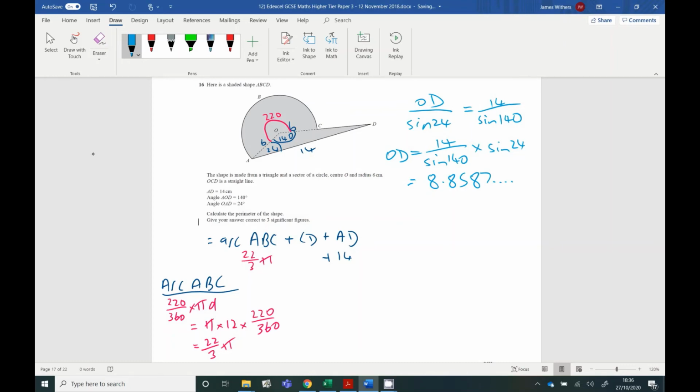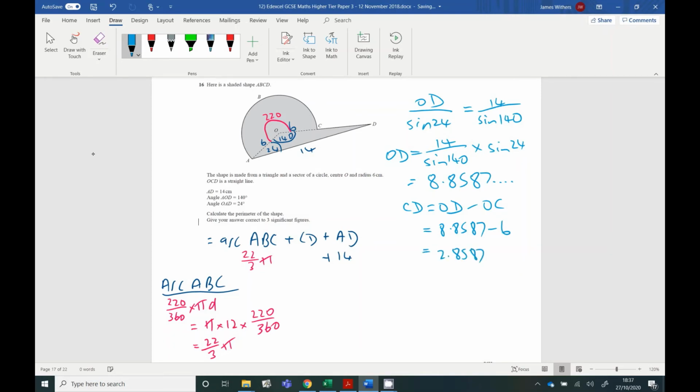But for the purposes of the perimeter of this shape, we want the length from C to D. Now C to D is O to D, take away the length from O to C, which is 6. So that's 8.8587 take away 6, which is obviously 2.8587.